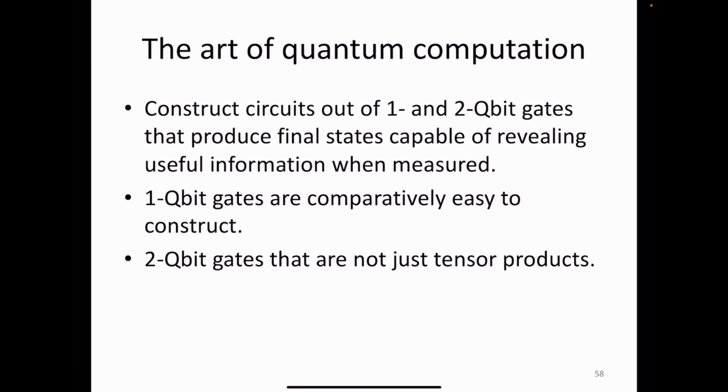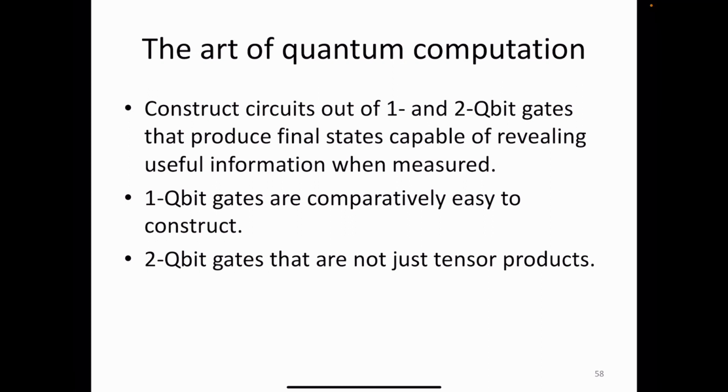Now let's look at constructing arbitrary 1 and 2 qubit states. Constructing circuits out of 1 and 2 qubit gates that produce final states capable of revealing useful information when measured is the goal here. So we really want to stack together a series of gates that incorporate our algorithm. And we want to use 1 qubit gates when possible and 2 qubit gates if needed. So we want to interfere as little as possible with our qubits.